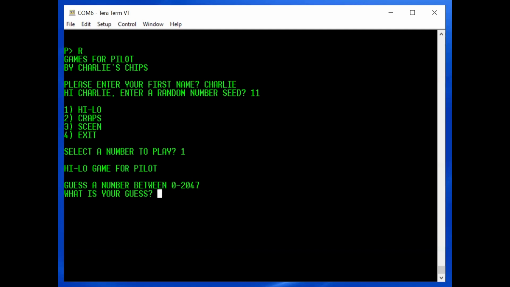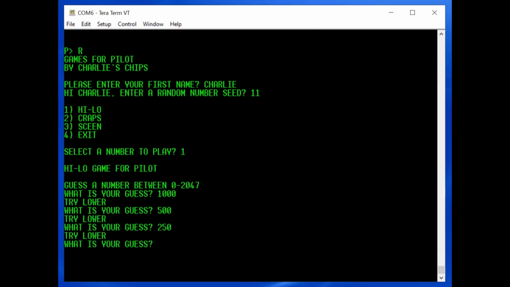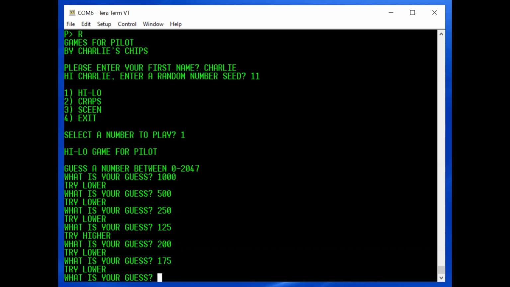High-low game for Pilot. Guess a number between 0 and 2047. What is your guess? We'll say 1,000. Lower, 500. Lower, 250. Lower, 125. Higher, let's say 200. Lower, 175.